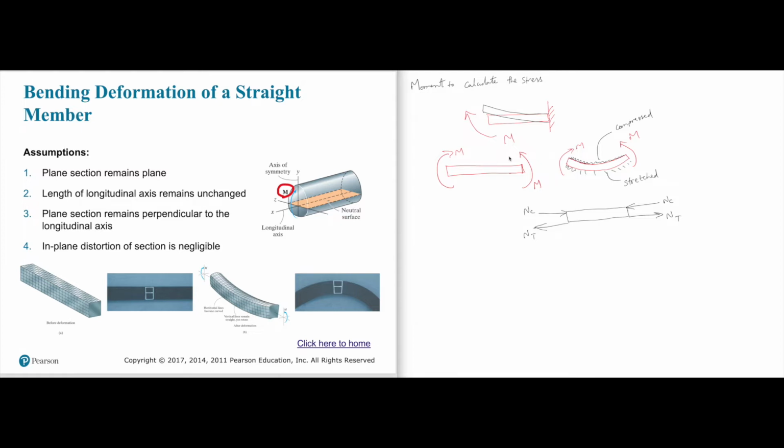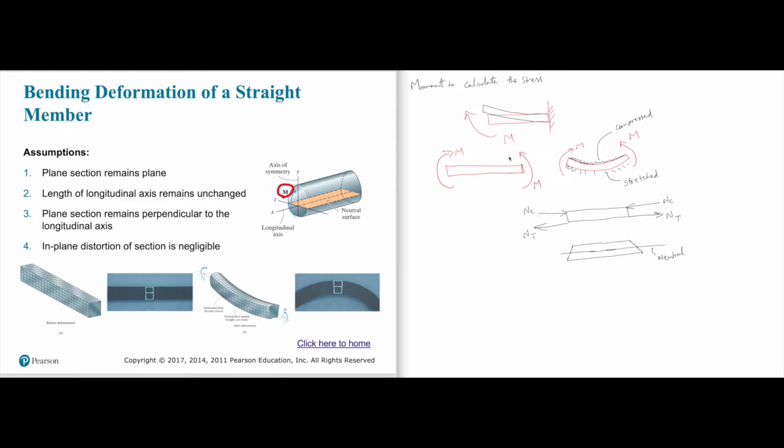That is what is happening when we apply moment. Because of this, the top part is slightly being compressed, the bottom part is being stretched. I'm just exaggerating the picture here. So assuming that there is a line or a plane inside the beam which we call neutral, where it is neither being stretched nor compressed, its final and initial lengths are the same.